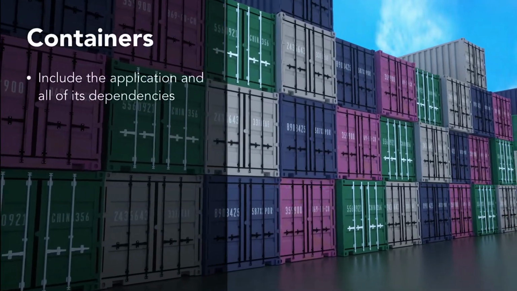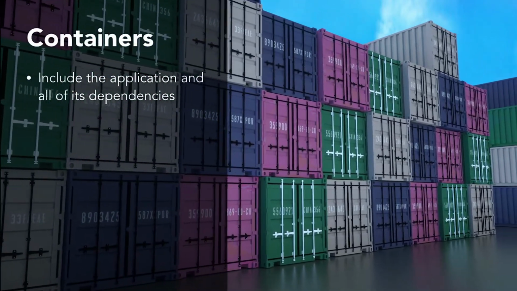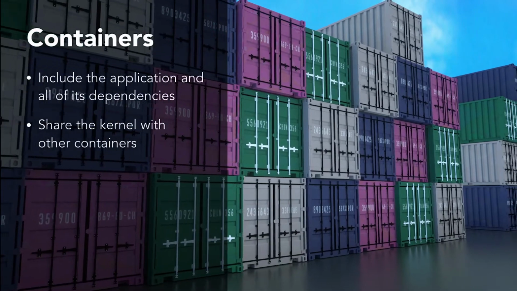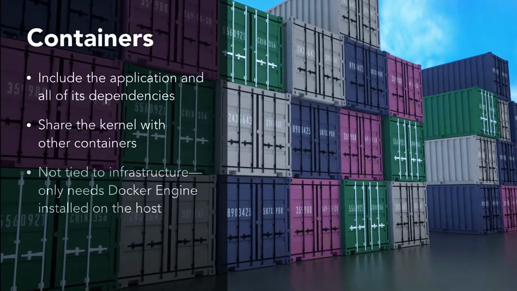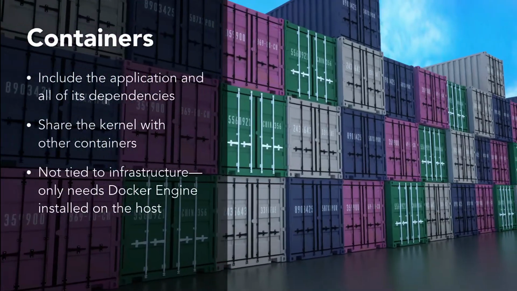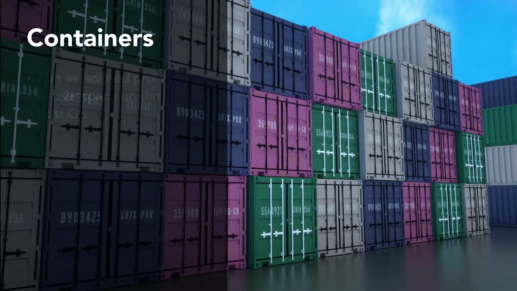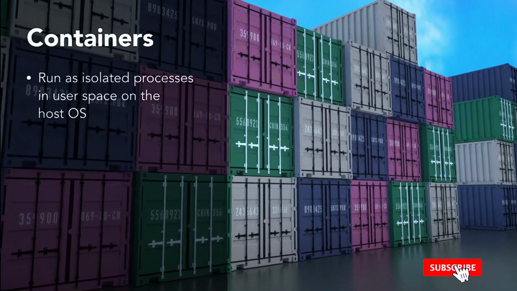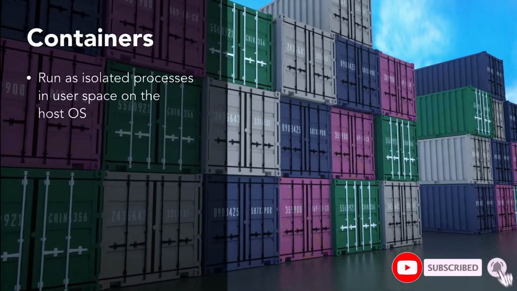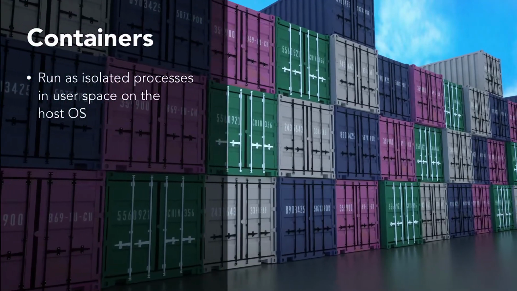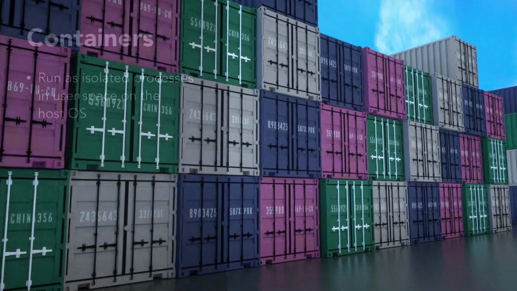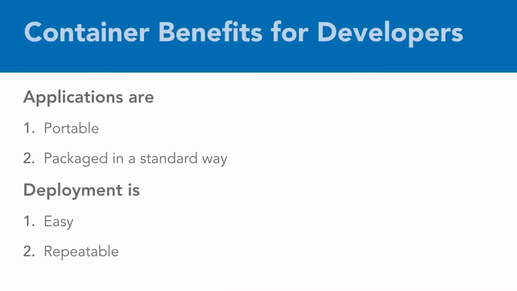On the other hand, a container will include the application and all of its dependencies, but will share the kernel with the other containers. It is not tied to any specific infrastructure other than having the Docker engine installed on its host. It'll run an isolated process in the user space on the host operating system. This allows containers to run on almost any computer, infrastructure, or cloud.